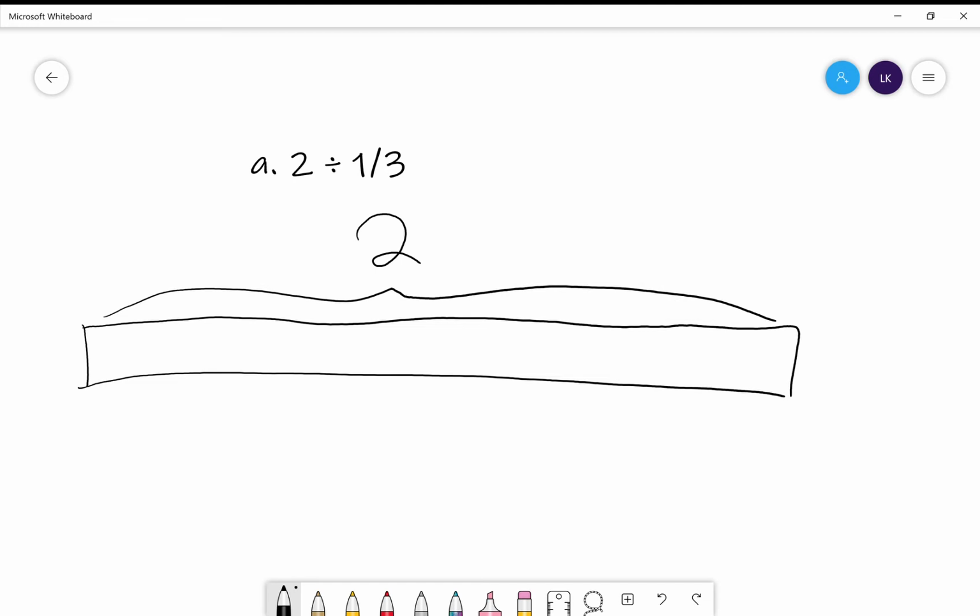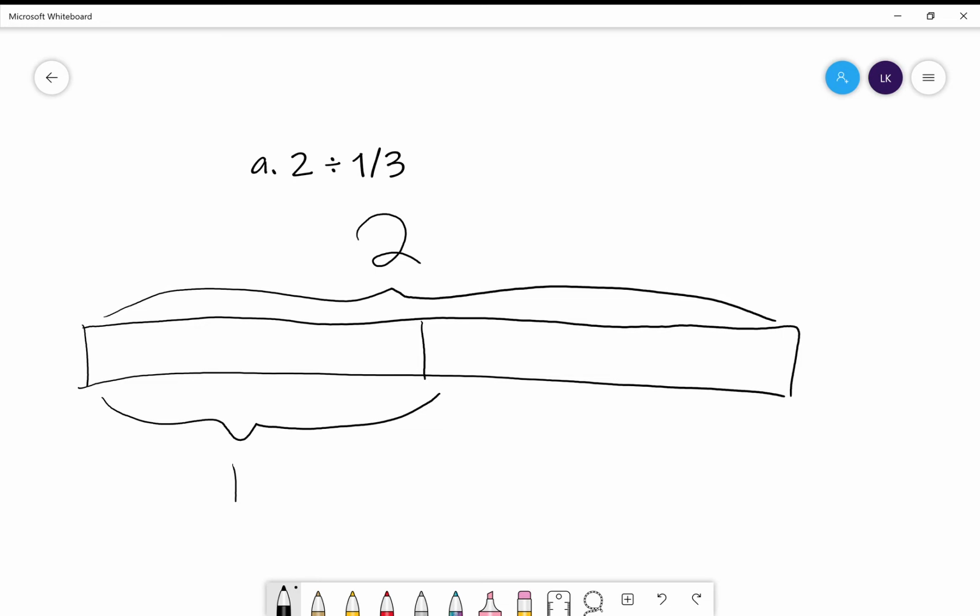So first I'm going to break my tape diagram into 2 parts. Each part is going to be equal to 1 whole.